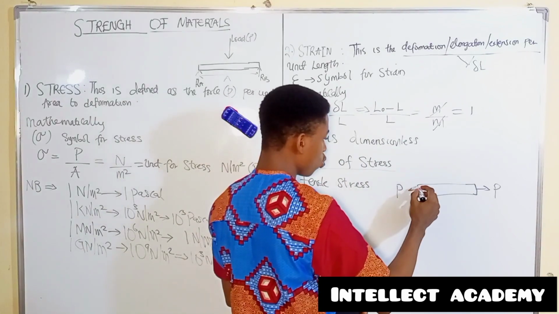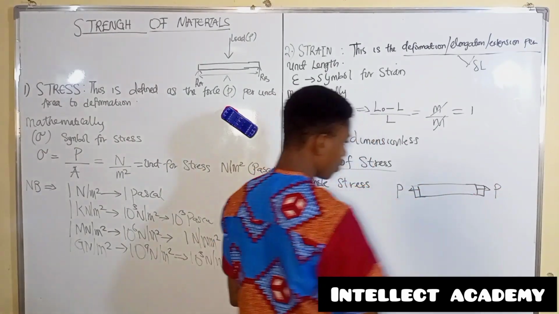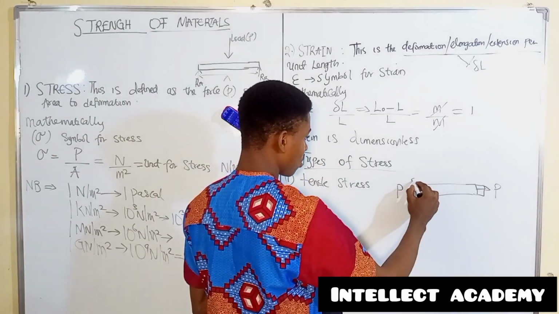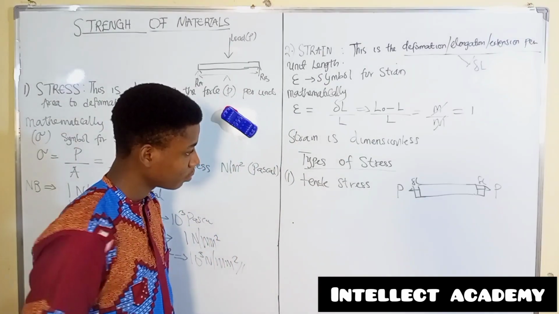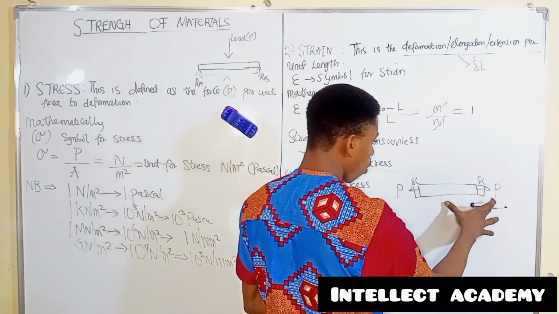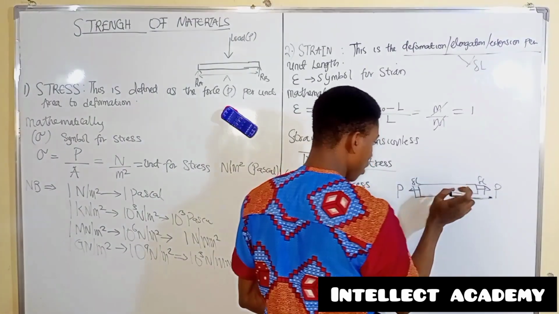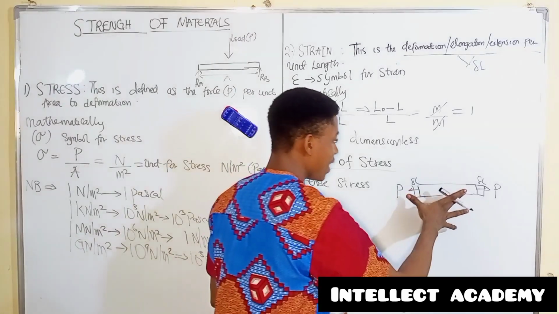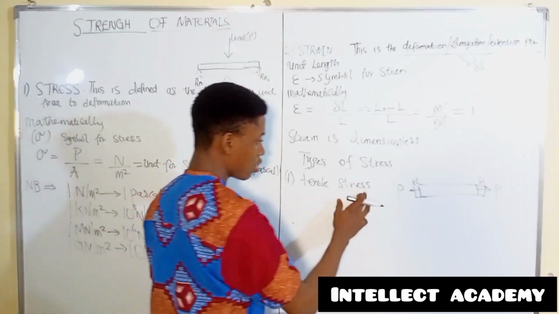Now, it will result in an extension or elongation of the length of that material. So, in this case, let's call this a new elongation. So tensile stress is a stress that happens when two equal and opposite forces are acting on a material and it brings about an increase in the length of the material. That is what a tensile stress is.